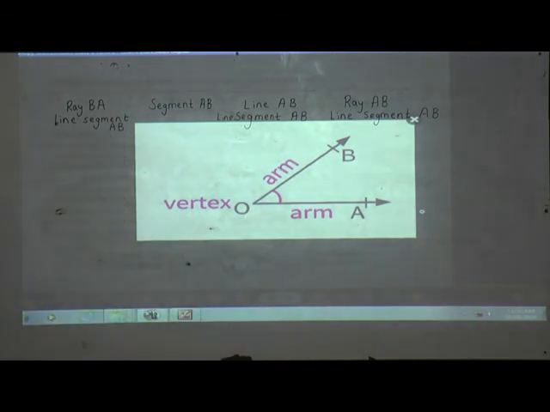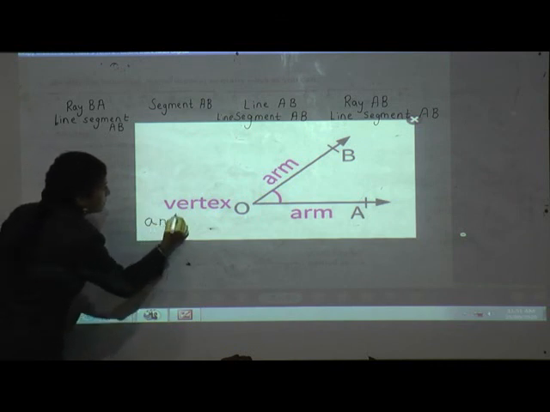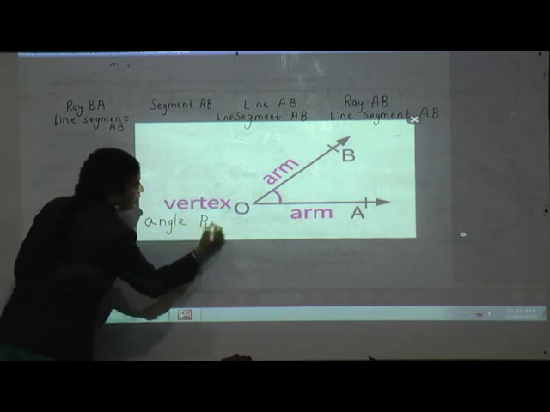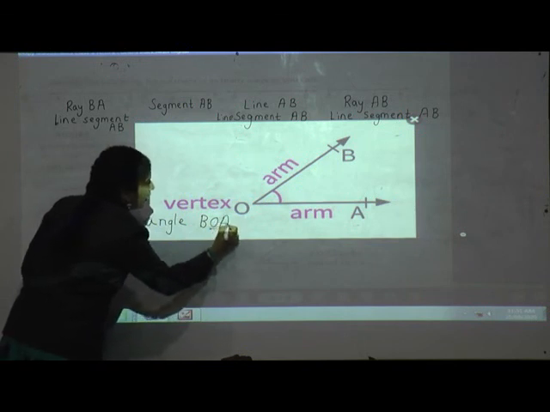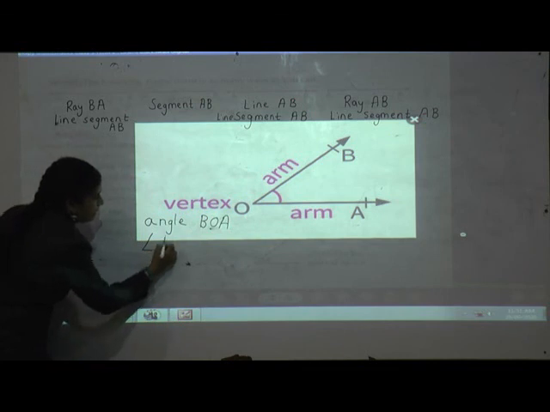Now, this angle has vertex O and arms OB and OA. It is called angle BOA.